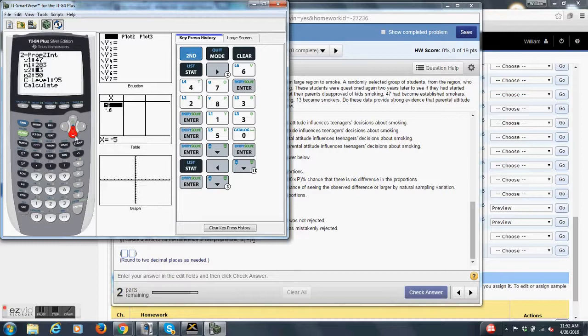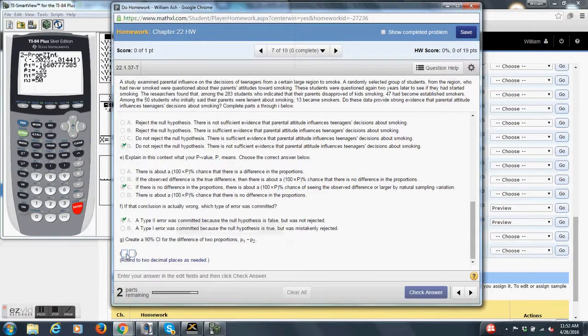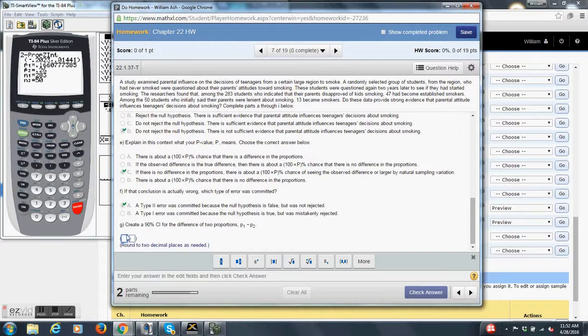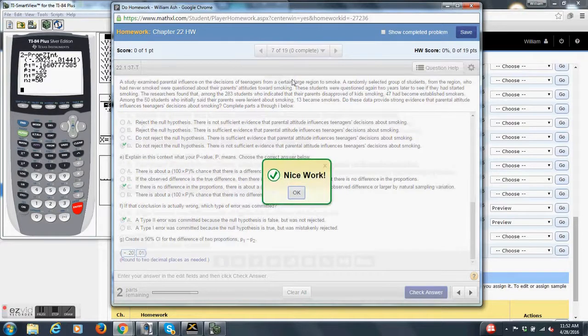And look, they already did it for me. All I've got to do is change my confidence level to 90. And there we go. Negative 0.20 to 0.01.